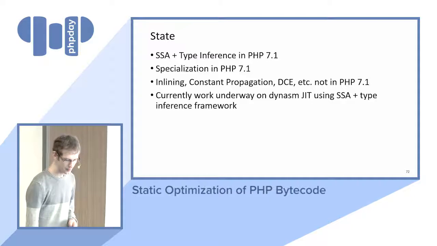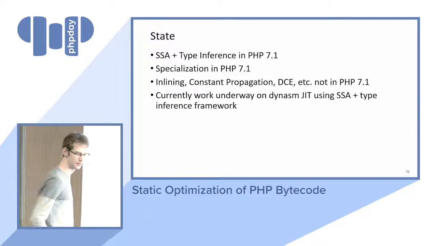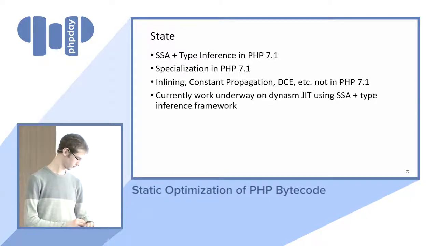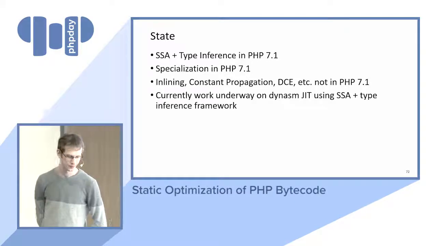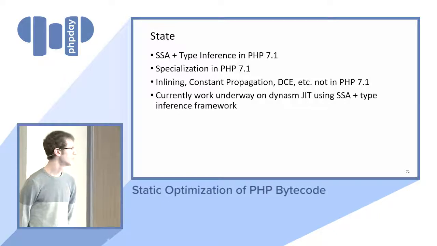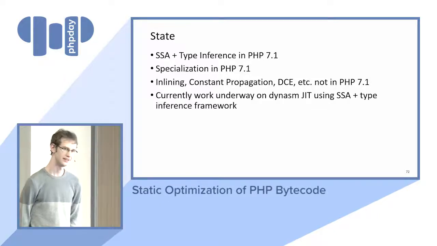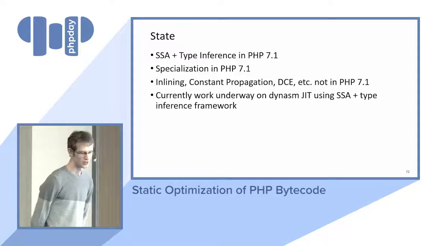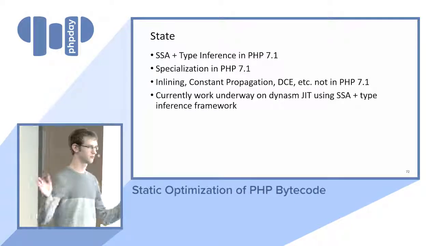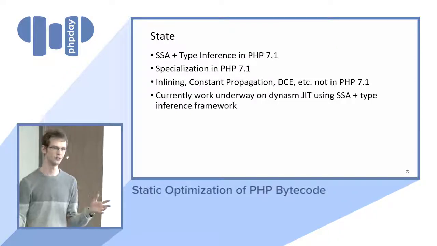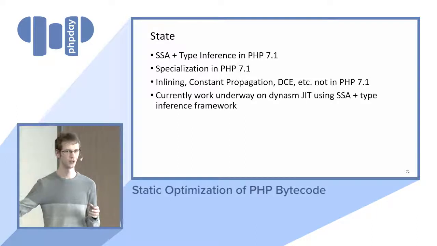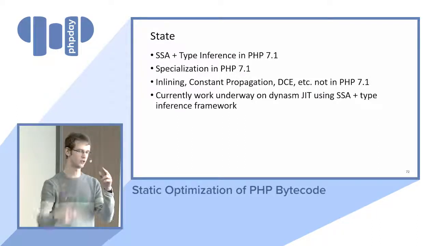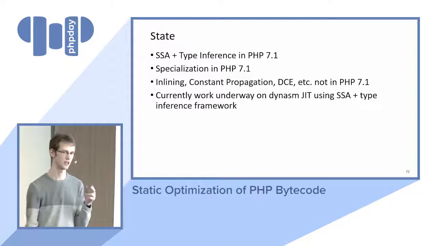Finally, right now Zend is working again on a just-in-time compiler for PHP. Just in case you're not familiar, just-in-time compiler means that instead of executing these opcodes on a virtual machine, we first compile them down to machine code and then execute them directly on the CPU.